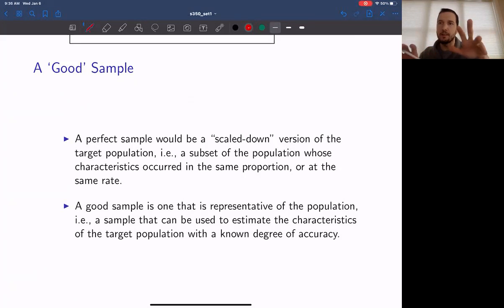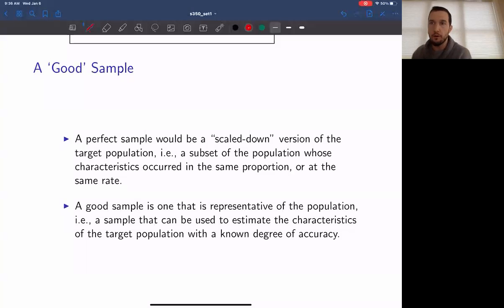So the scaled down, perfect sample would be a collection of individuals or observations whose age and gender, religious alignment, political preferences, hobbies, all of these things are in the same occurrence rates as they are in the population.